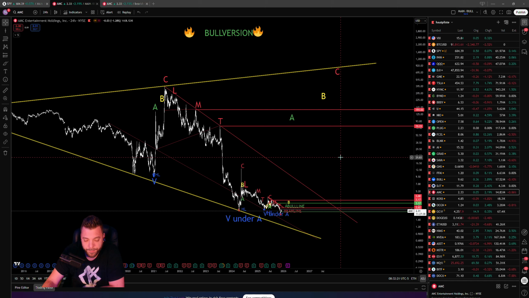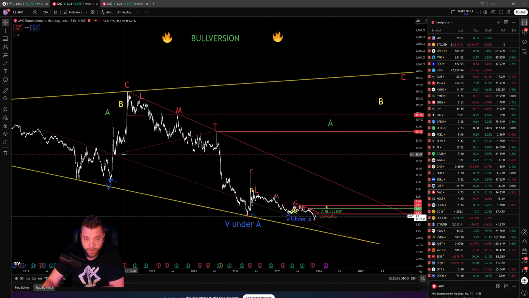Two versions. The first version would be you have here your V. First part squeeze of AMC in 2020 was your A with a 0.5 pullback. The second one, the B, is somewhere in the chart, and then you already got your lower high, your all-time high.